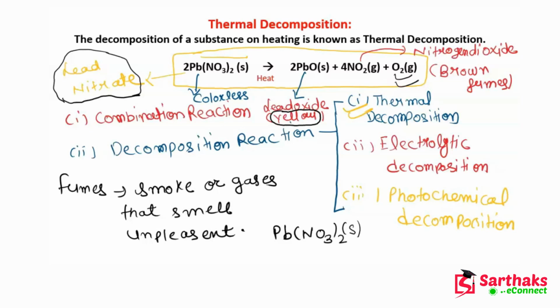So you will say that if we heat lead nitrate, it will break into lead oxide, and we also see the reddish brown fumes of nitrogen dioxide. This will be your observation. I hope this first type of decomposition reaction is clear to you.